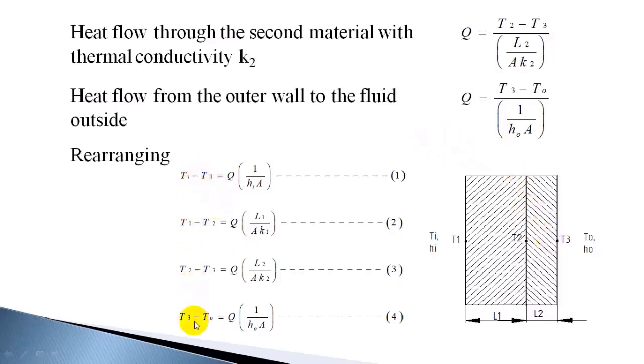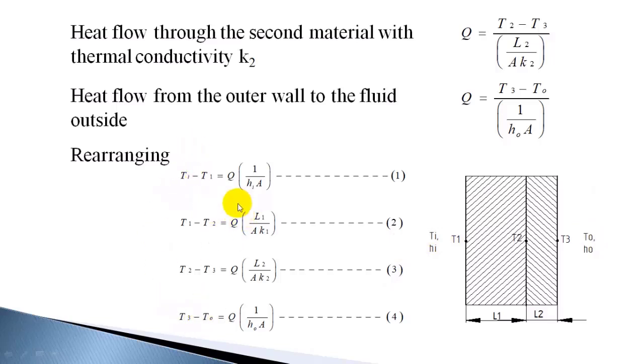Now if you add all these, on the left hand side you will get Ti minus T1 plus T1 minus T2, plus T2 minus T3 plus T3 minus T0. So minus T1 plus T1 cancels, minus T2 plus T2 cancels, minus T3 plus T3 cancels. You get Ti minus T0, that means inside fluid temperature minus outside fluid temperature.